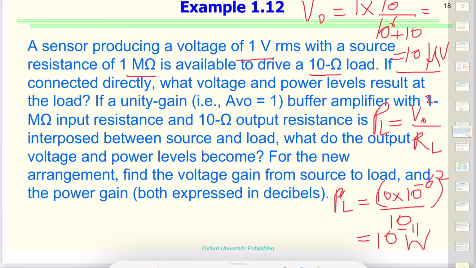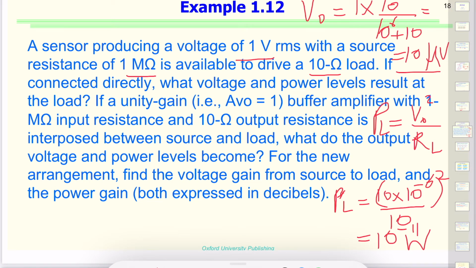Now it says, if there is a buffer amplifier, unity gain, with 1 megaohm input resistance and 10 ohm output resistance between source and load. So now what we have to do is take the open circuit voltage gain and multiply it with the voltage divider at the output.